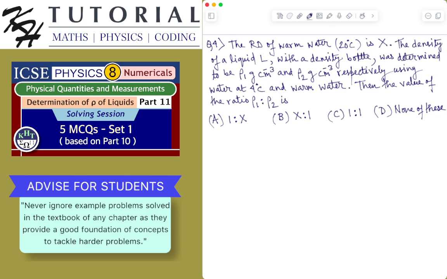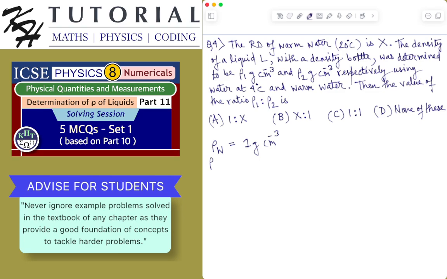So it is saying that the density of the liquid L was determined once with the density bottle using water at 4 degrees centigrade, and the second time using warm water, which is water at 20 degrees centigrade, where we know that the density of water, denoted with rho W at 4 degrees centigrade, is 1 gram per centimeter cube.